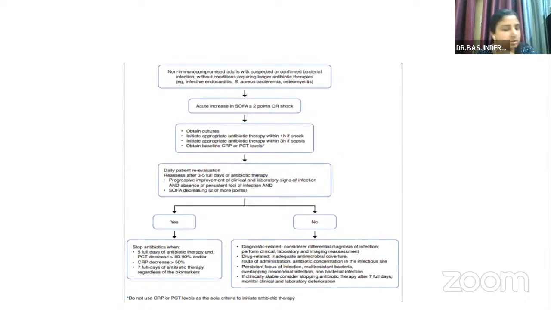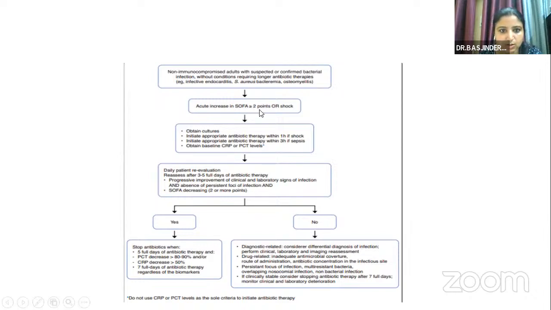So an algorithm is suggested for how we should incorporate CRP or PCT in our clinical risk stratification in diagnosis and management. Whenever you get a patient who is not immunocompromised, and is not having closed infections or infections which require longer antibacterial therapy like infective endocarditis, Staph aureus bacteremia, and osteomyelitis, you just see the SOFA score.